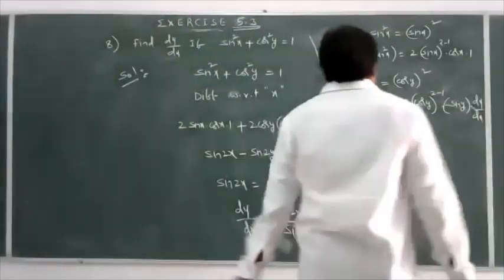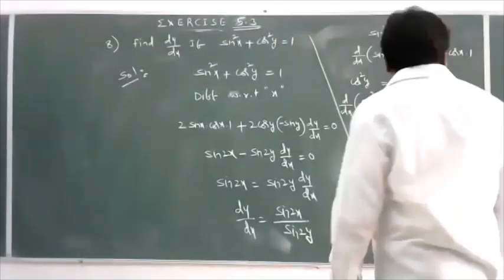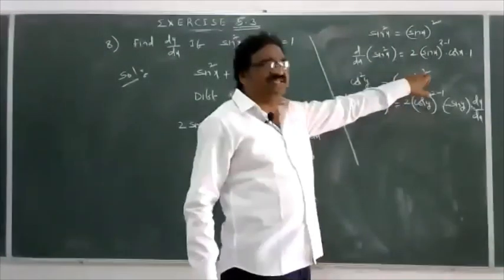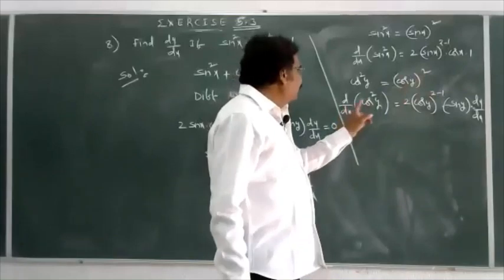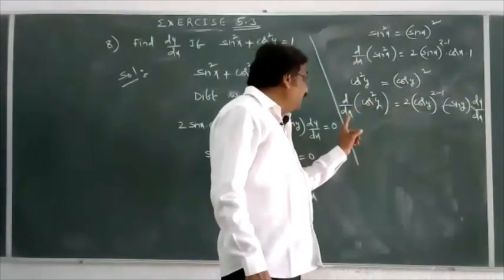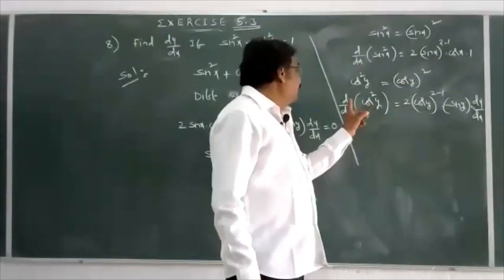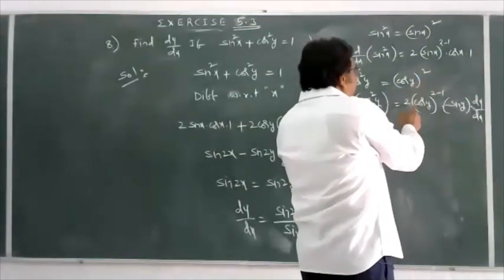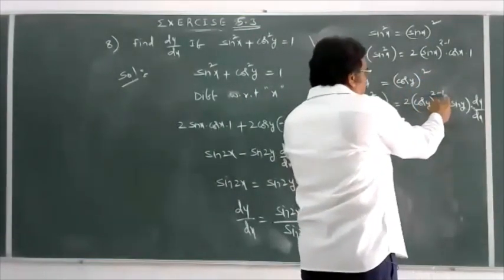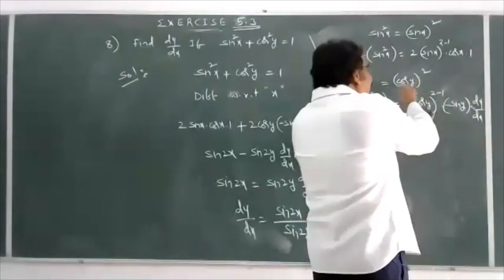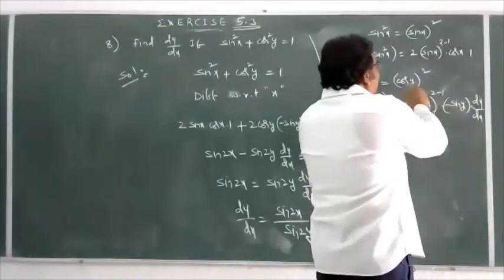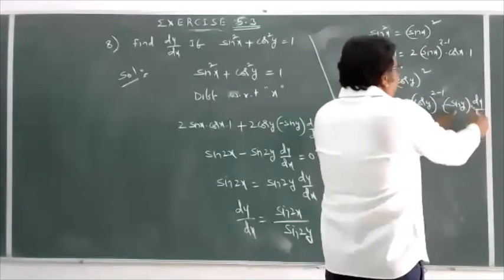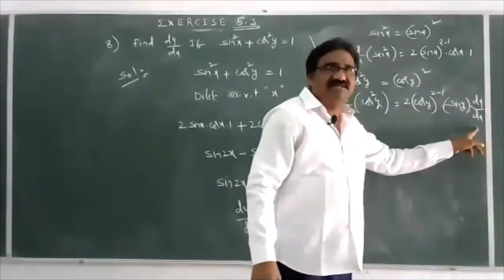So here again I discussed what is cos square y, cos y whole square. The derivative of cos square y with respect to x: here, doing the derivative of cos square y, you treat this as x power n, so n into x power n minus 1 into the derivative of this term, that is the cos y derivative, minus sin y, into the derivative of y, dy by dx, with respect to x.